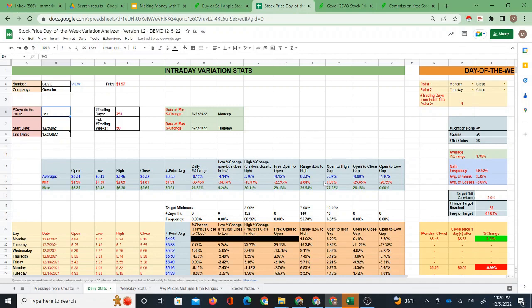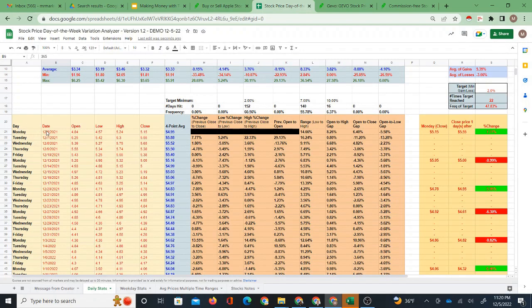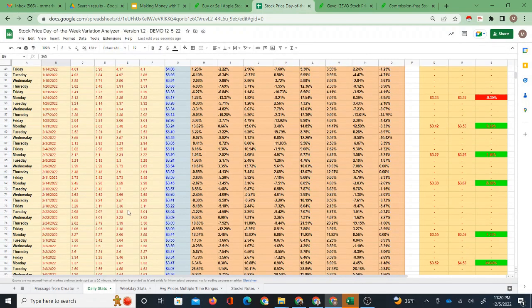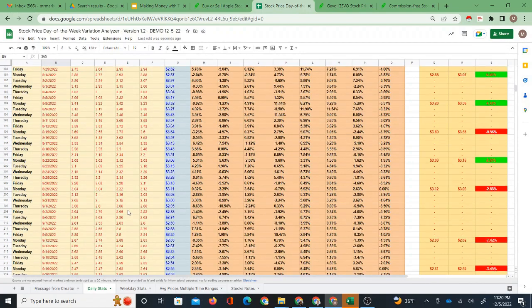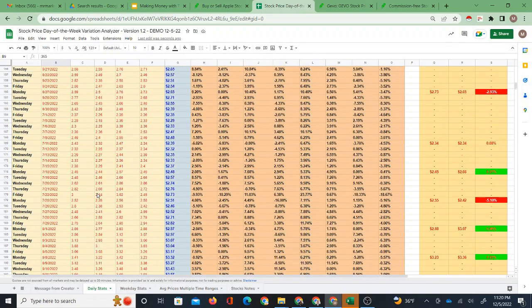So I already have the gaps in here. First of all, when I put 365 days, it pulls in all the data for the past year. All the dates, the open prices, the lows, the highs, and the close prices, all the way down for the past year. All right, the latest dates at the bottom, earliest dates at the top.